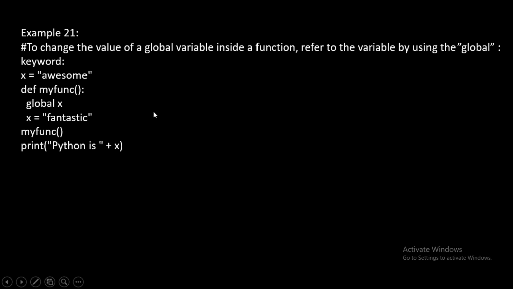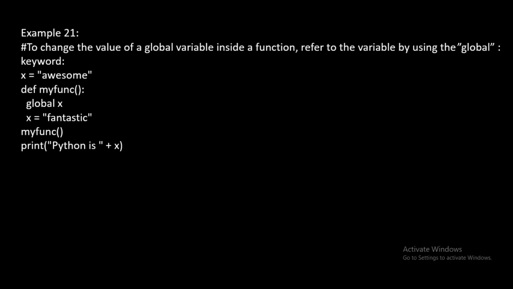Here you can see x = awesome, and then my function definition declares global x and sets x = fantastic. Although outside the function we have declared x as awesome, inside the function we are declaring x global, and it is fantastic.